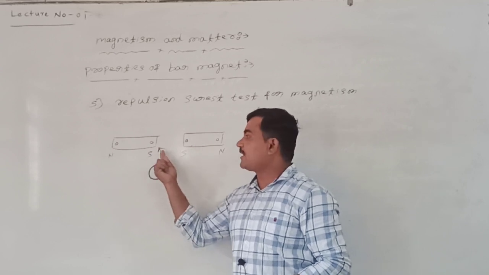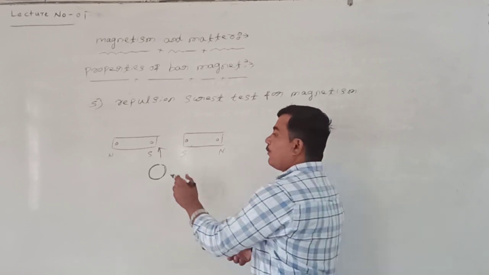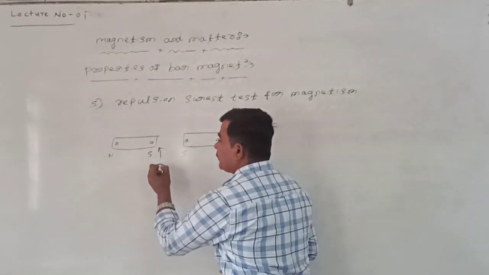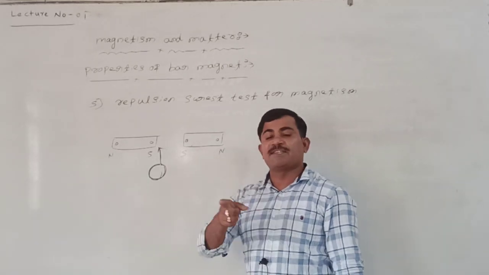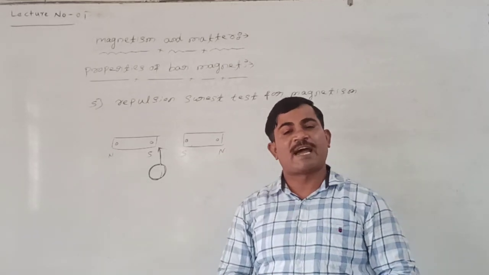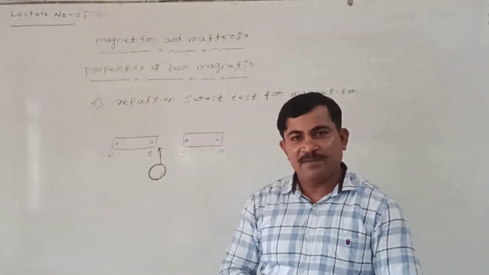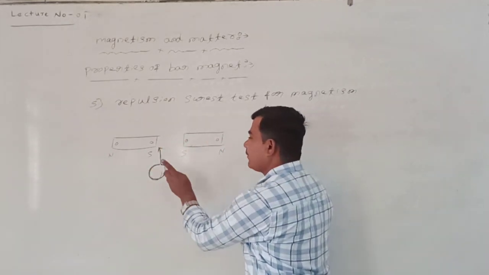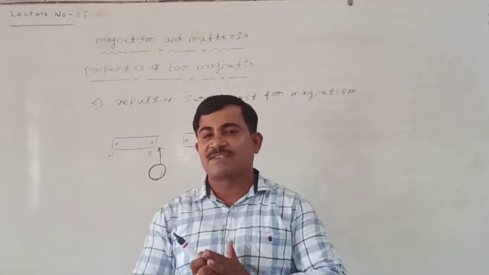If an iron piece attracts, then what can you confirm? You can confirm that the material which attracts is called the magnetic material, and the material which repels is nothing but the magnet. So in repulsion, we can identify which is the magnet and which is the magnetic material. Here iron we are calling magnetic material. In this case, what can we confirm?